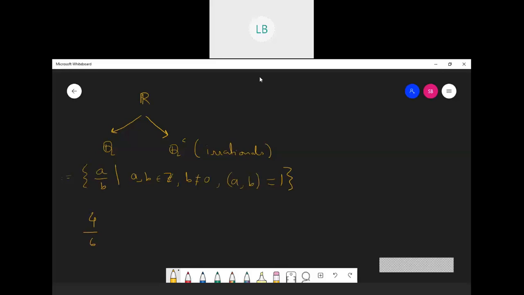So for now, the question to all of you is: is 4 by 6 rational or not? Let me know. What do you think?